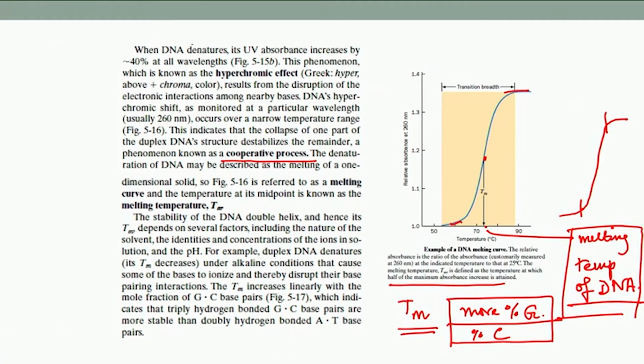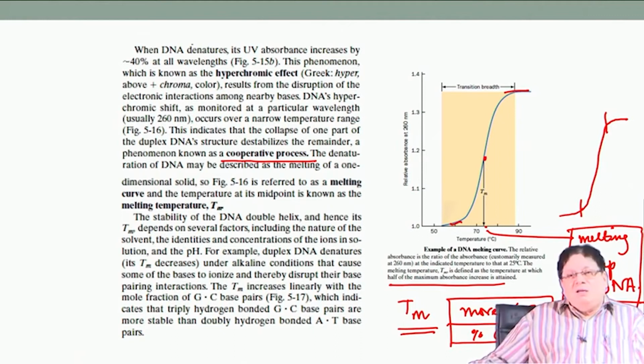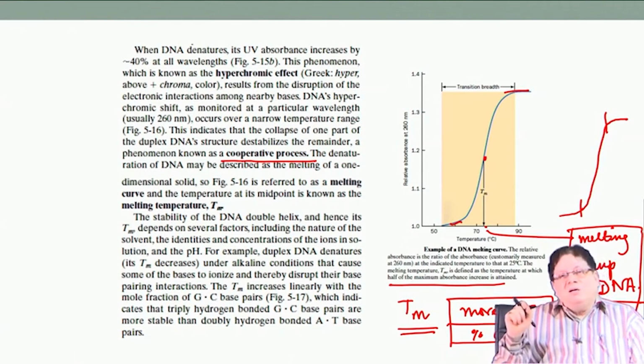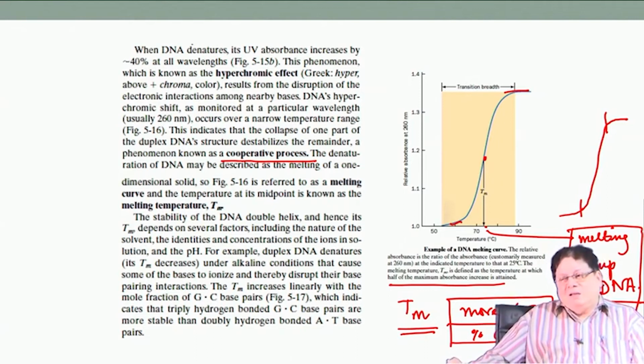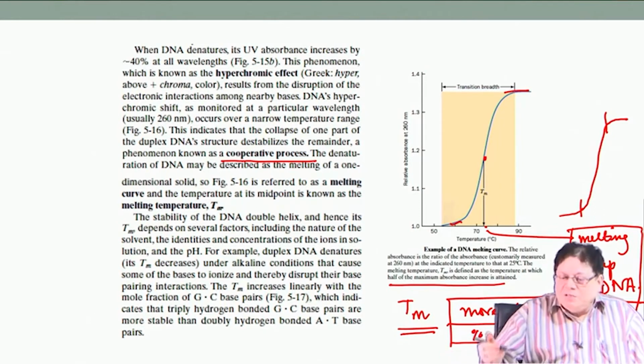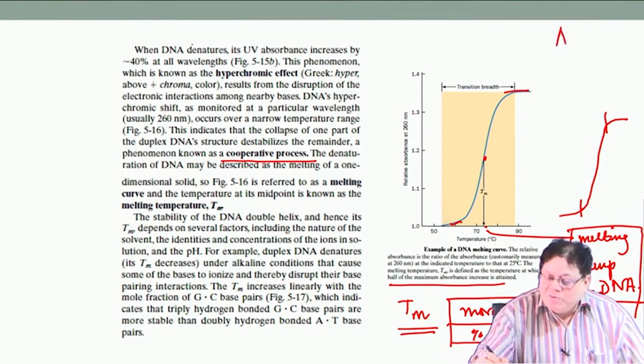Okay. And you should also remember that for DNA analysis, suppose you want to know the percentage of G, C, T, A in a DNA. If you know the percentage of any one of the bases, you can calculate the percentage of the other bases. Suppose in a DNA the percentage of A is say 20%.